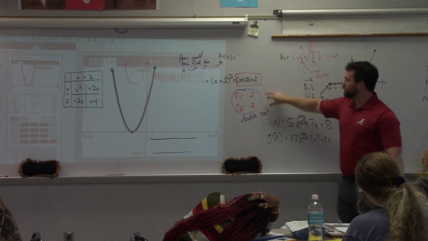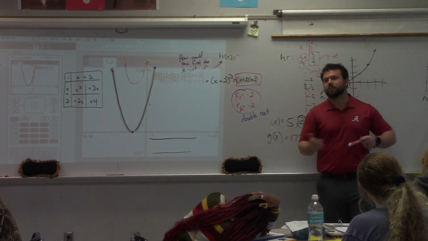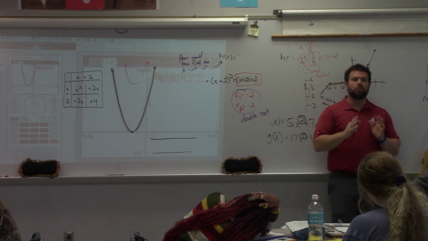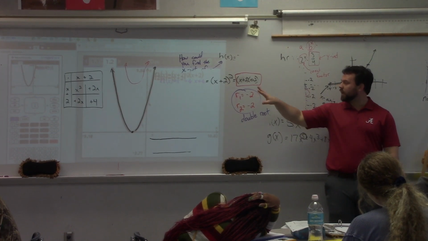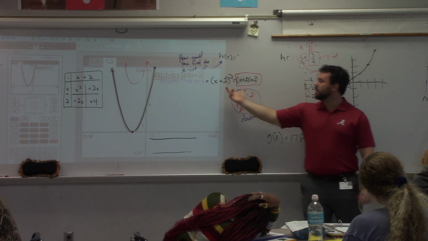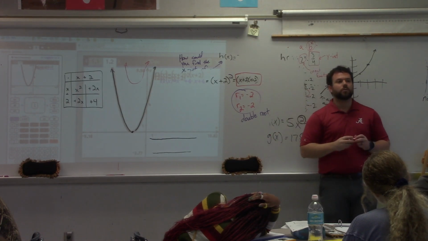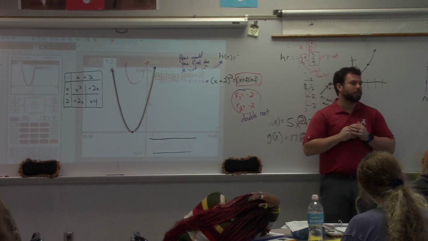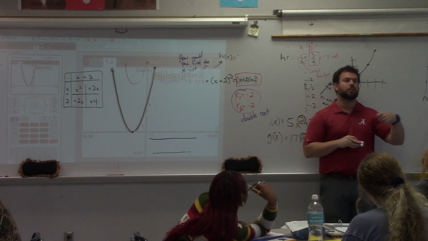They could be the same where it's a double root, or it could just have 2 different roots. We're going to study a whole lot more about roots moving forward, but I just want you to recognize every quadratic has that many roots, and again, every form reveals its own piece of information. Do not forget how to convert among the forms. Make sure you study that and you know that, because it's going to impact what we do next unit a whole lot, and it's on the midterm.